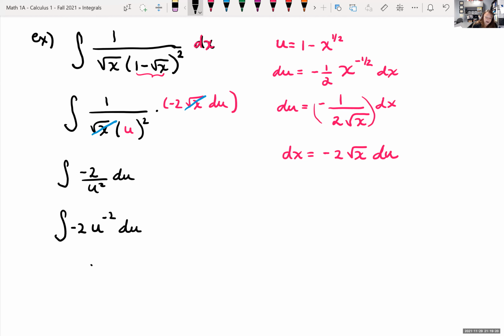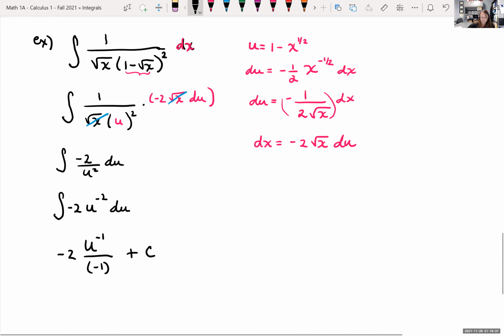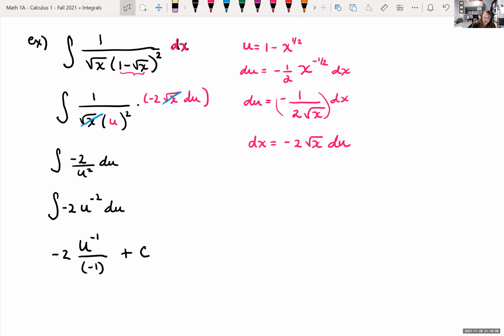So add 1 to our exponent. Adding 1 to negative 2 gives me negative 1. Still have negative 2 out front. Divide by my new exponent of negative 1. I need to add my constant c. Negative over negative is positive, so this is 2 all over u plus c.